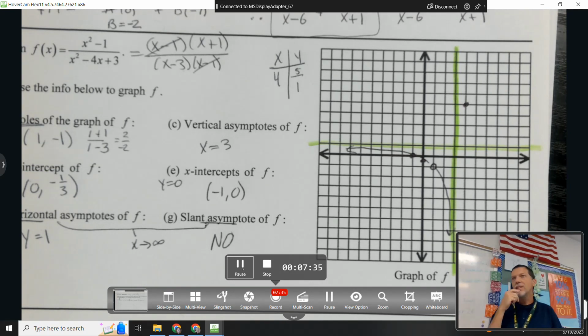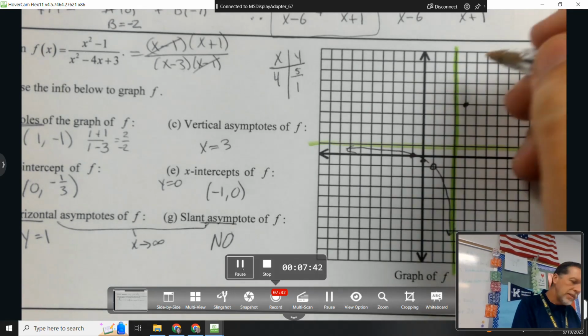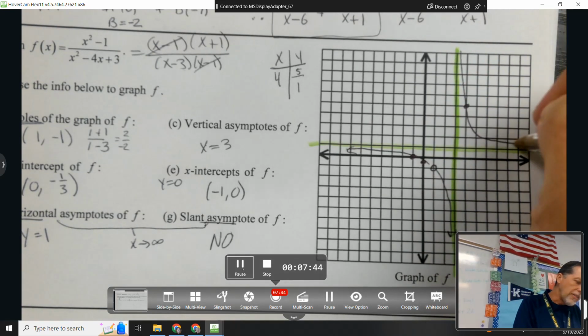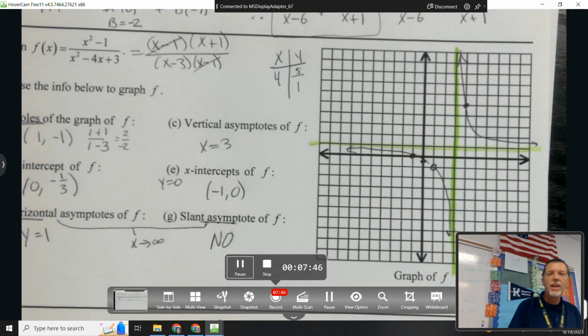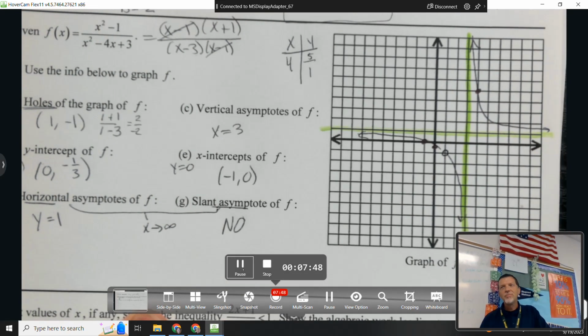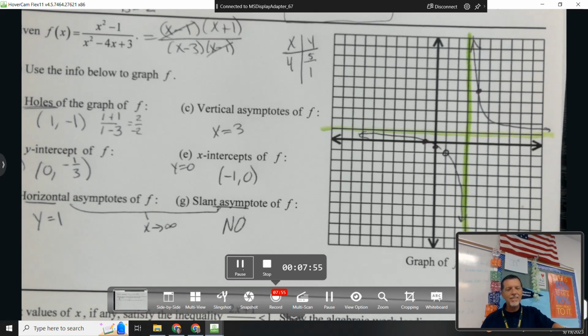Are these kind of fractions always going to be symmetrical? You mean is their graph always going to be? Yeah, like catty corner kind of thing. I don't want to say yes to that. You can't say that for sure.